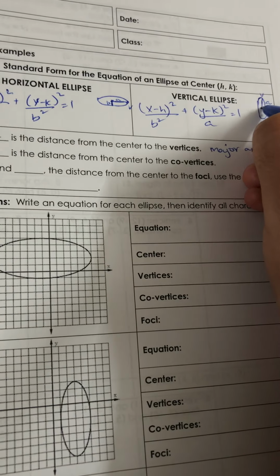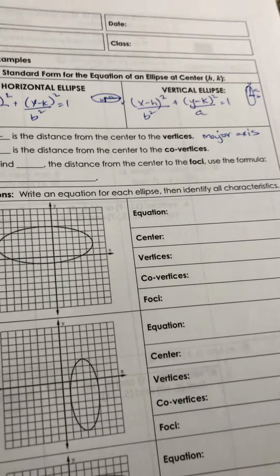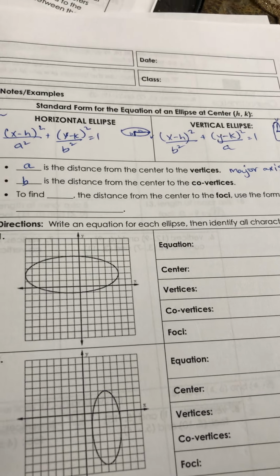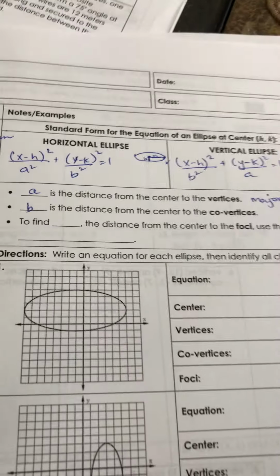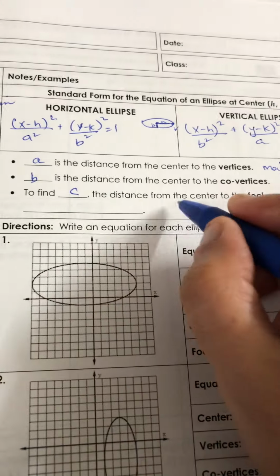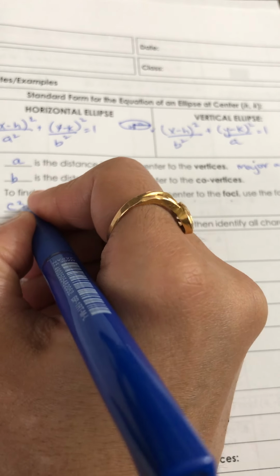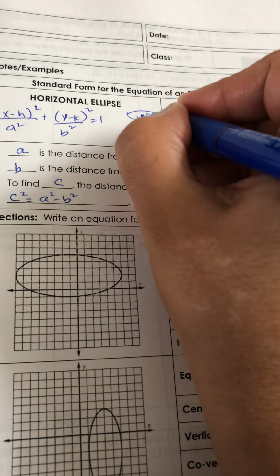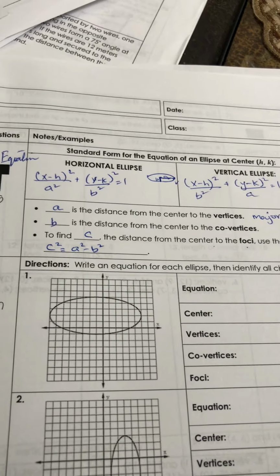If you are given the two co-vertices, find the distance between them and divide by 2 to get b. To find c, the distance from the center to the foci, use the formula c squared equals a squared minus b squared. As we know, foci are always on the major axis.